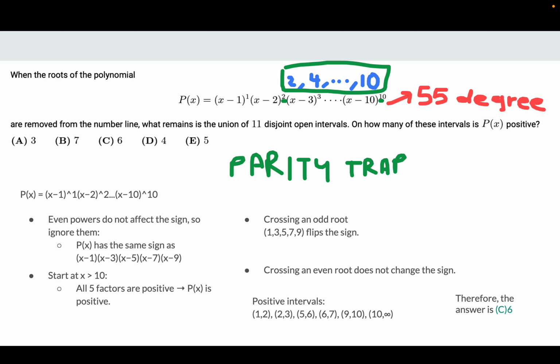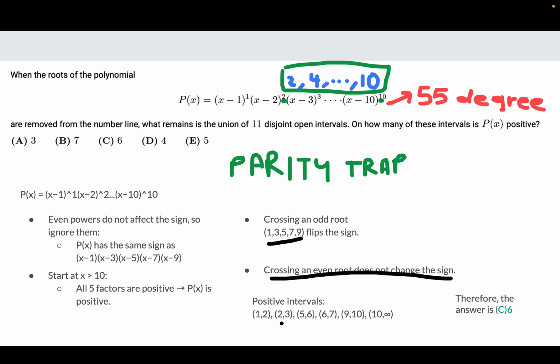Another thing I wanted to say is that you can track the sign flips across an odd root. Like here, we can see that crossing an odd root flips the sign, and crossing an even root does not change it. These are two very important things.